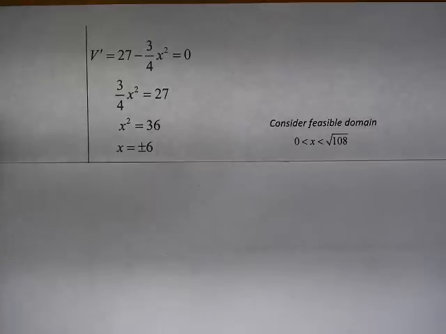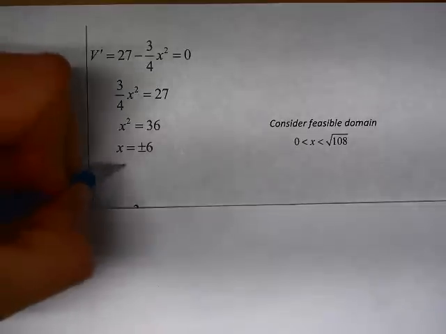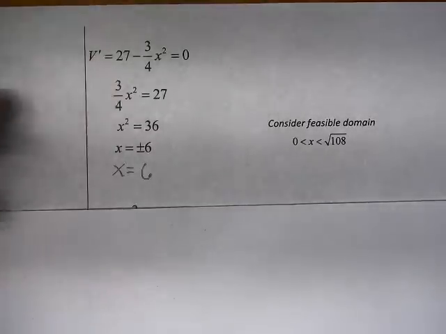It can't be equal to 0, or I wouldn't have a box. And it can't be any greater than the square root of 108, because if x was the square root of 108, then that would account for all the surface area of my box, and I would have no surface area left over for the sides. Right? So only one of these will work for us, and that is x equals 6.